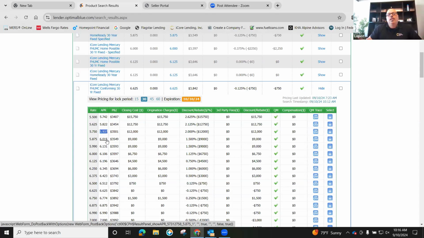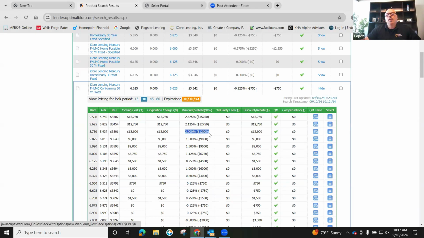So remember, when you're doing this through the system, whether you're going on the phone to price out a loan, or if you're going to the website, not going through Encompass, the numbers that you really care about are just the rate. If you want to know what the principal and interest payment looks like, it's there, and what the pricing is going to be for the rate that you're looking at.